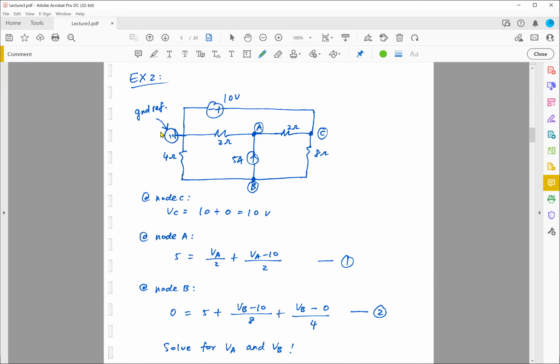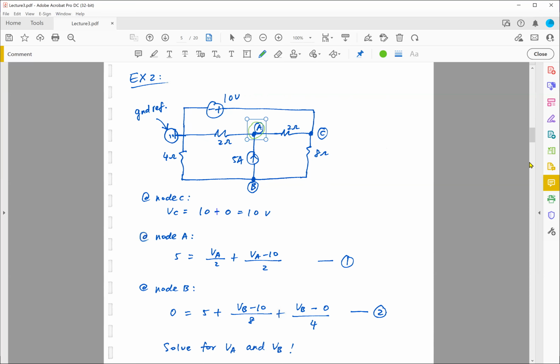And there's a reason why I chose my ground reference over here, and the reason will be more apparent when we talk about super node or super nodal analysis. So I'm going to put my ground reference over here. That means the unknown node voltages will be node VA, node VB, this is one node as well, and node VC.